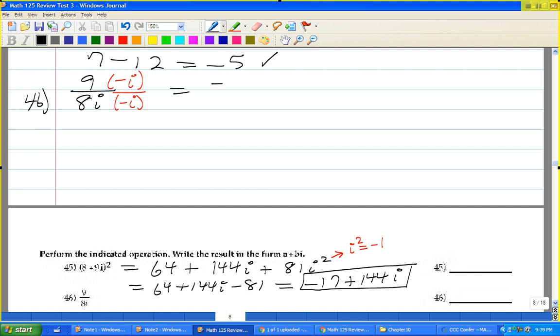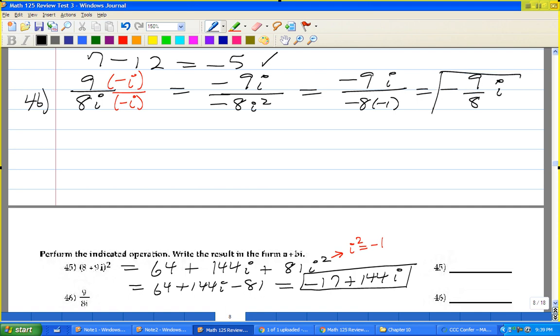So I get here a negative 9i over a negative 8i squared. But again, recall that i squared is a negative 1. So we get a negative 9i over a negative 8 times negative 1. And so this is equal to a negative 9i over 8. Okay.